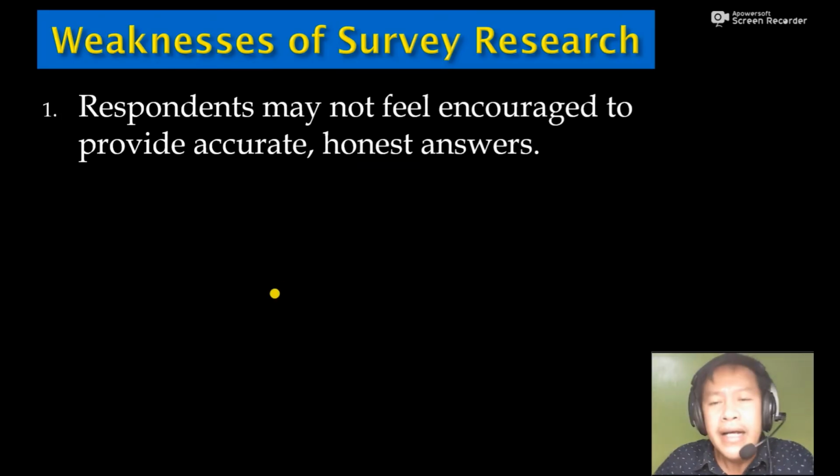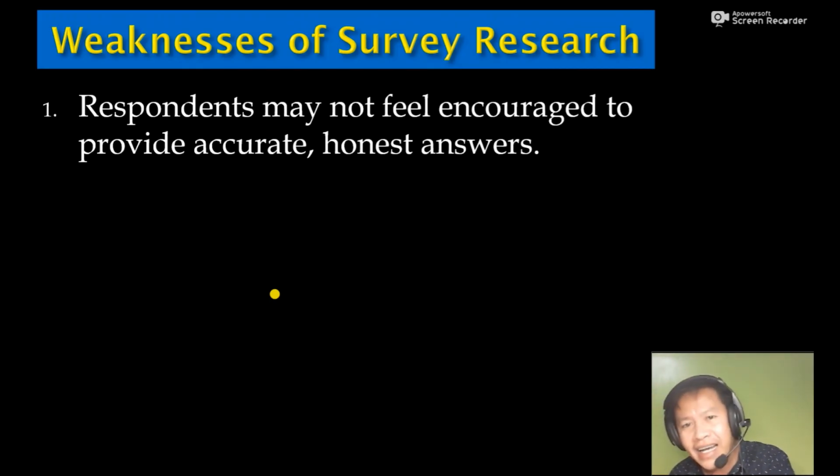That is why the orientation to the respondents, and the reliability and validity of the survey questionnaire must be ensured in order to encourage the respondents to accurately answer the survey questionnaire. And validity and reliability of the survey questionnaire will be discussed in the next video presentation.